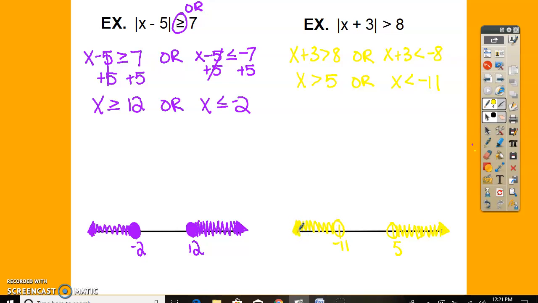Okay, so you should get that x is greater than 5 or x is less than -11.